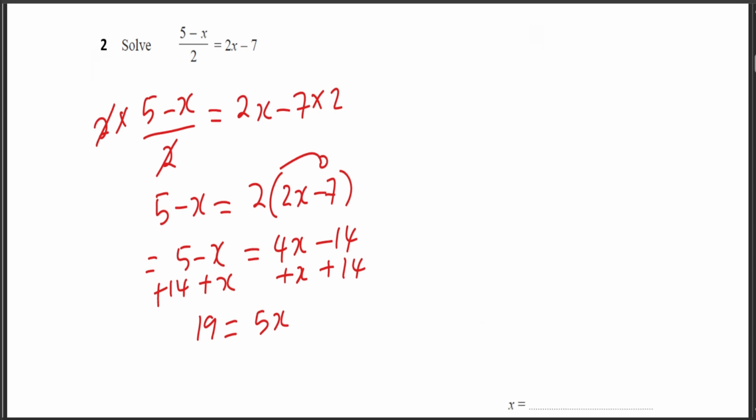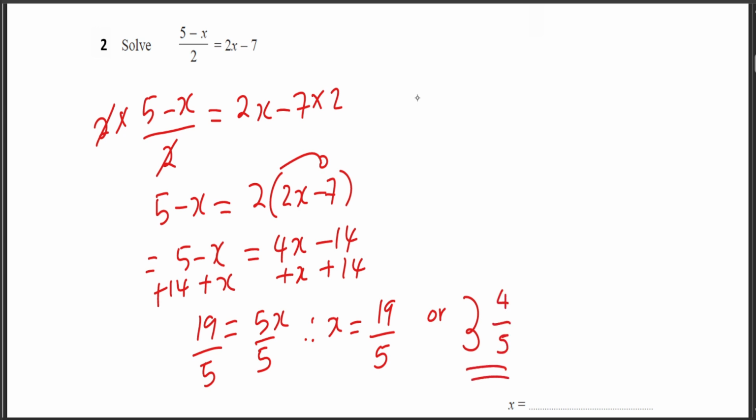Then divide by 5. Therefore x is equal to 19 over 5, which can be rewritten as 3 and 4 over 5.